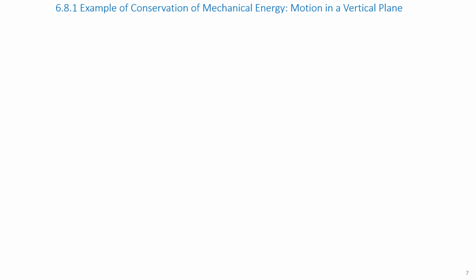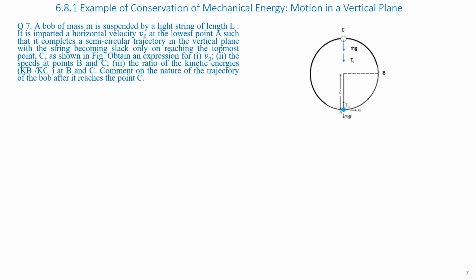The concept of conservation of mechanical energy can be very well understood by considering an example of motion in a vertical plane given in question number 7. A bob of mass m is suspended by a light string of length L. It is imparted a horizontal velocity v0 at the lowest point A such that it completes a semicircular trajectory in a vertical plane, with the string becoming slack only on reaching the topmost point C, as shown in the figure.